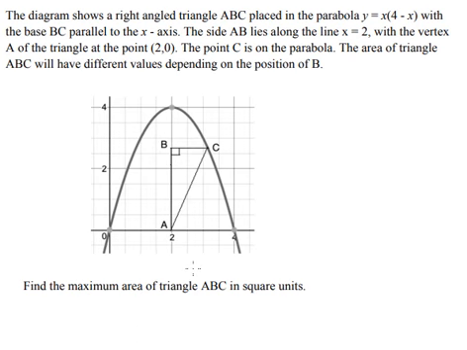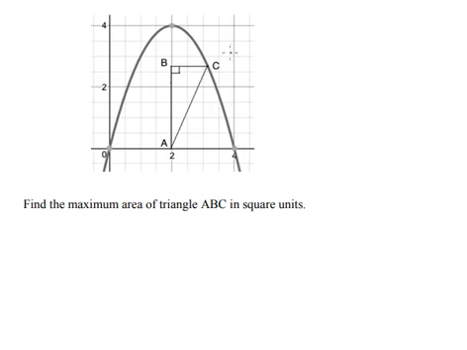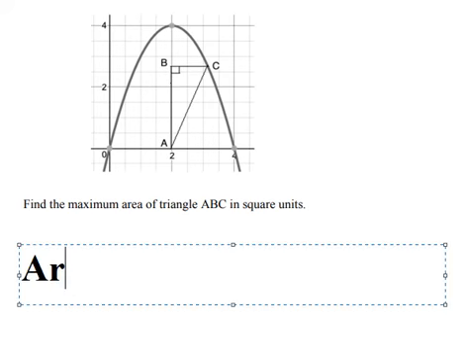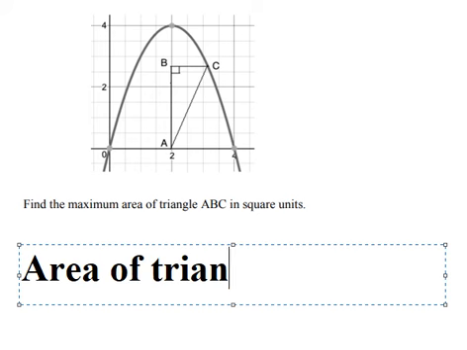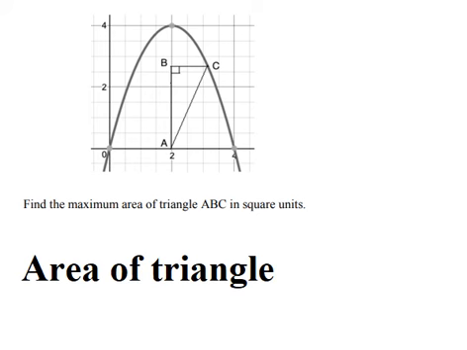So now I will show you how to answer. So we have the diagram. If we want to find the area of the triangle, we know that this is the base. This is the height.